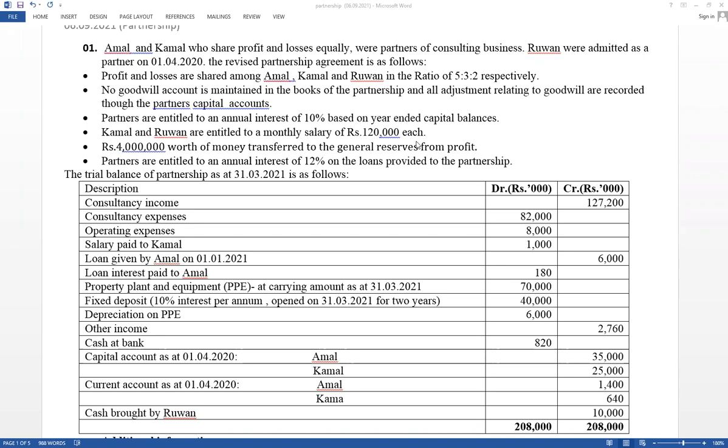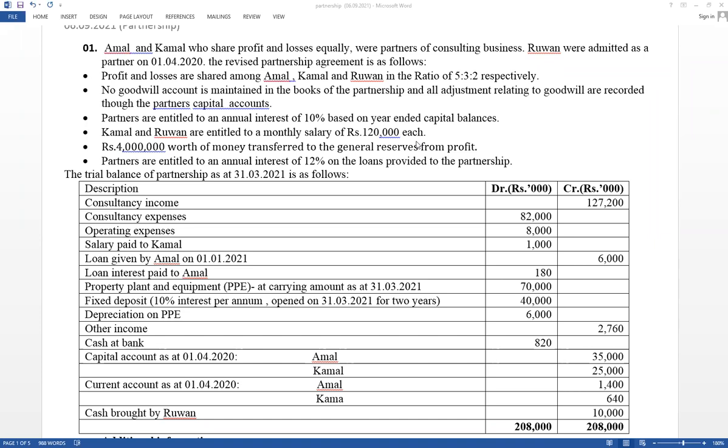Service business: 2012 yellow paper as well as 2016 yellow paper. 12, 16, they are service businesses. Therefore, very important, you have to know how to prepare financial statements of partnerships with service business. As well as I will discuss next day manufacturing account with partnerships. Like today I'm going to discuss service business organization partnerships.